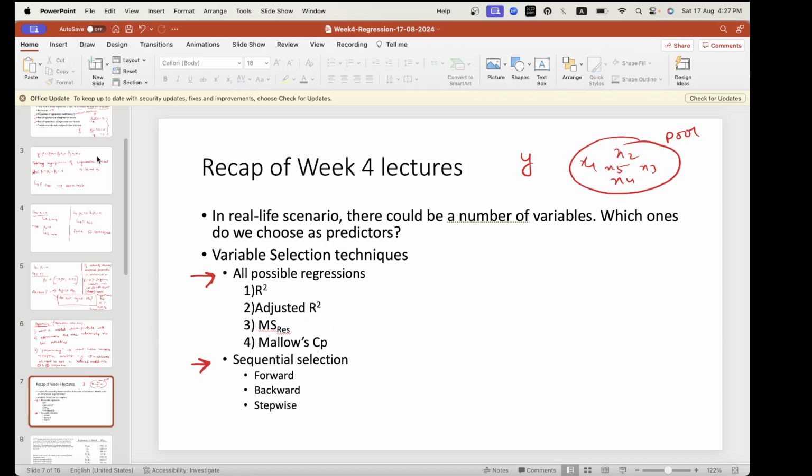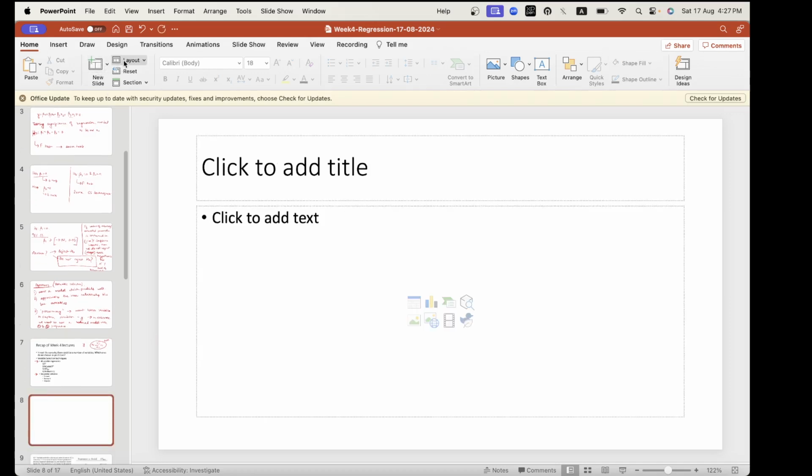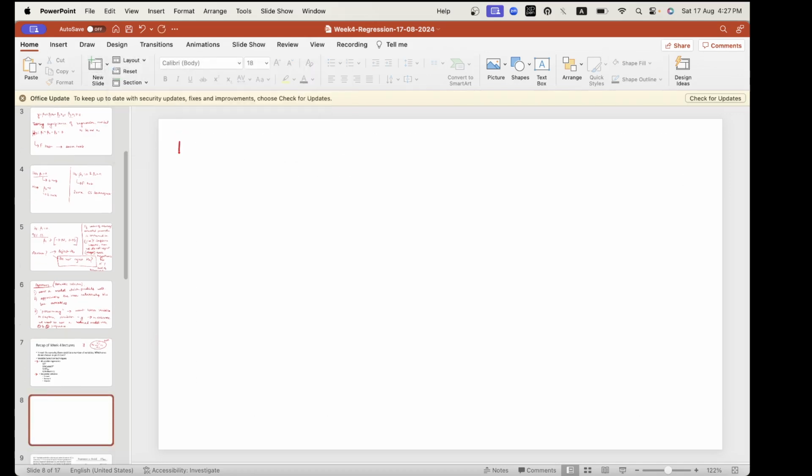As illustrated in the class, the first one is, let's say, R square.